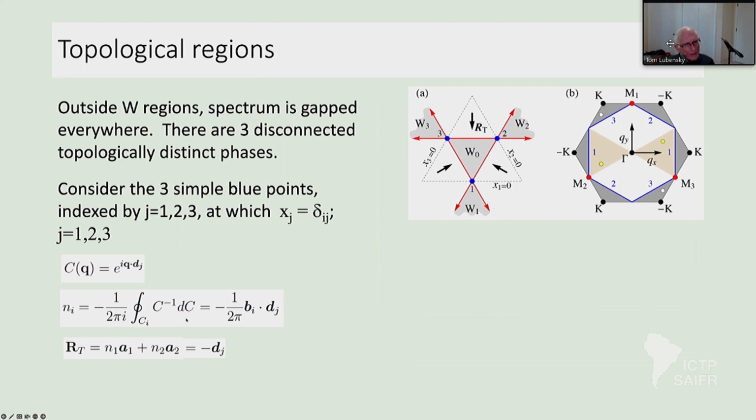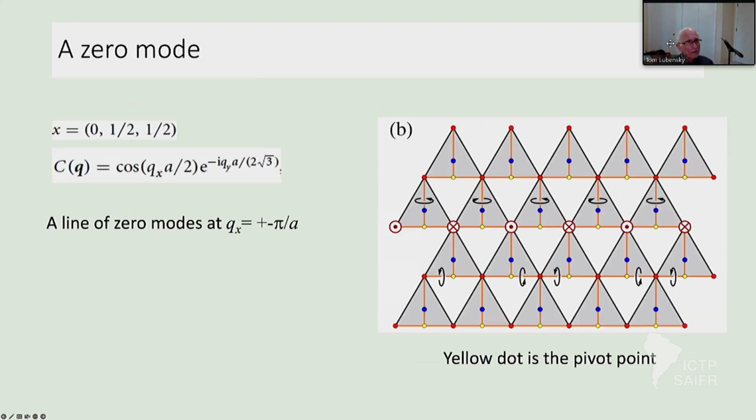Then we can calculate for the particular vector dj what this integral is, and it is the reciprocal lattice vector bi dotted into dj with a minus sign, and we can now calculate what the topological polarization is simply by calculating n1 and n2, which is all that we need to do. This is going faster than I thought it was.